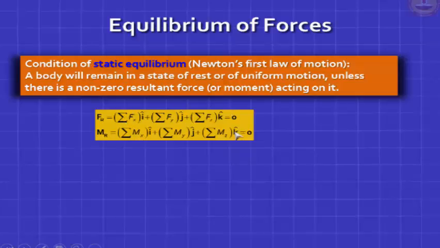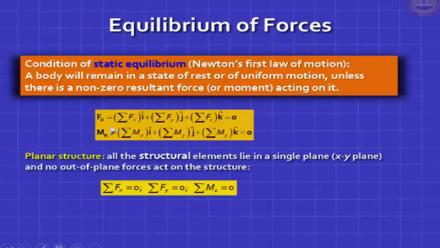Actually, you have 6 scalar equations of equilibrium, but easily you can write them as 2 vector equations. Most of our structures are planar structures, at least in the beginning we learned that. So if you talk of only one plane, then these 6 equations reduce to 3 equations: sigma Fx equal to 0, sigma Fy equal to 0, and sigma Mz about any axis normal to the plane equal to 0.